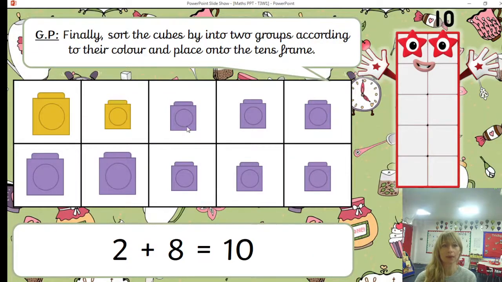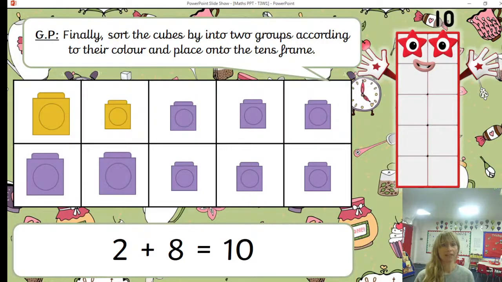Let's count them together. 1, 2, 3, 4, 5, 6, 7, 8. So now we know that 2 and 8 makes 10. Say it with me. 2 add 8 makes 10.